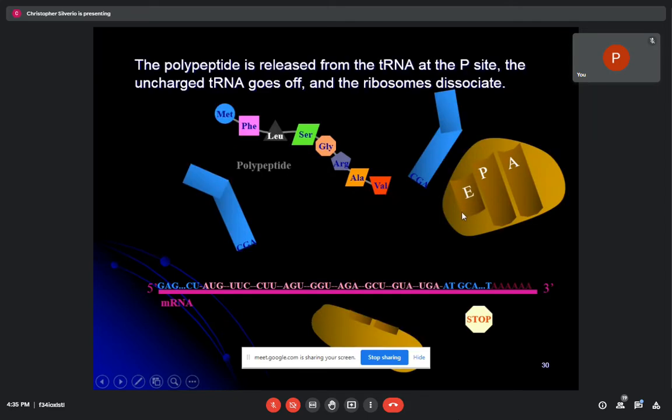And then after that, what will happen? All the structures responsible for the translation process will be released. Like the transfer RNA, this is now the polypeptide chain.